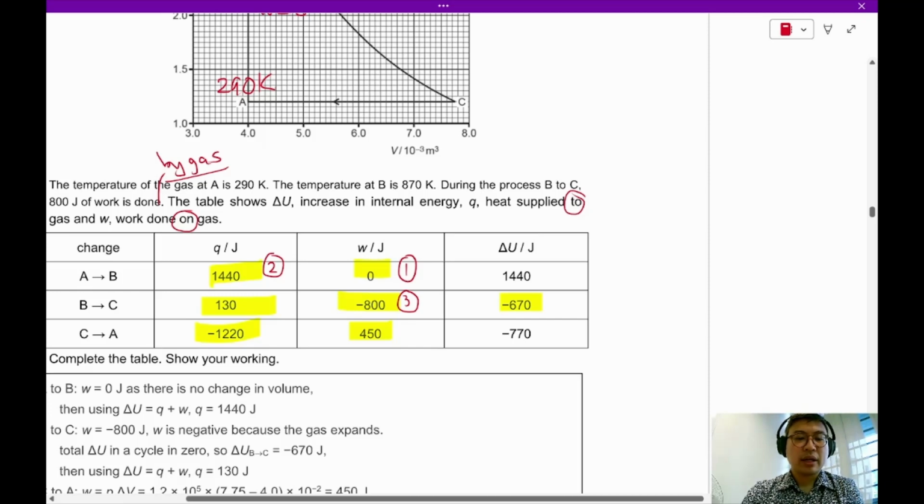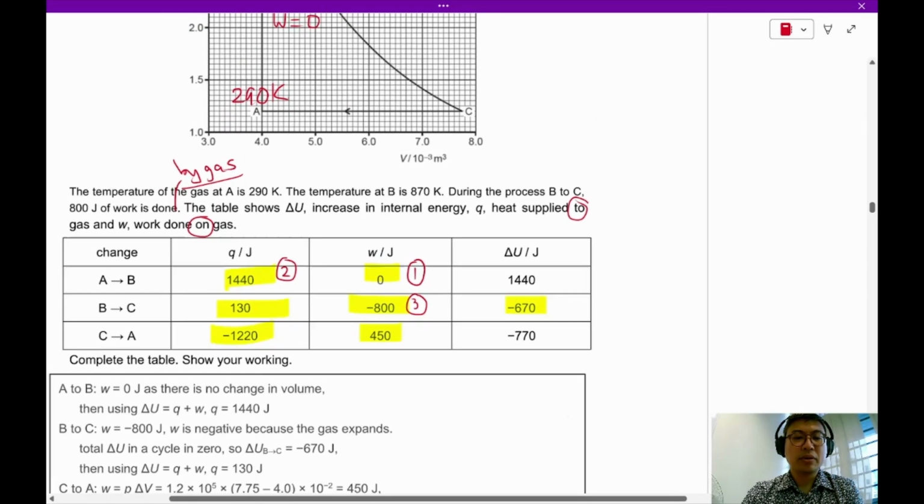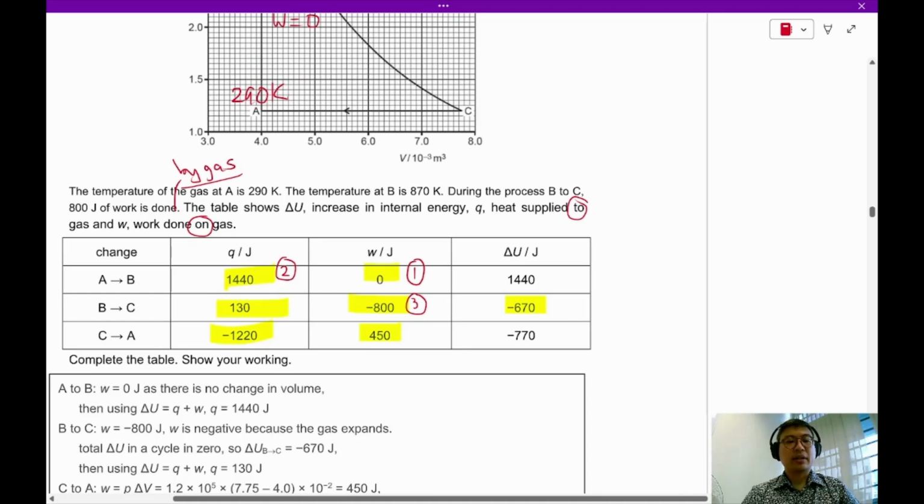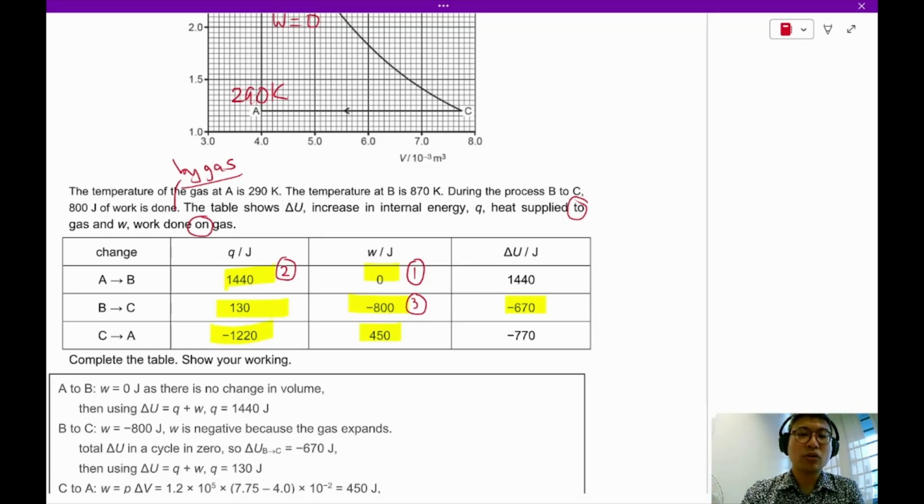Okay, and then after that, we don't have any other information, so we have to start doing some thinking. Now, one thing that we haven't mentioned so far is that for isobaric processes, that means to say horizontal lines, the work done by the gas is given by the pressure multiplied by the change in volume.